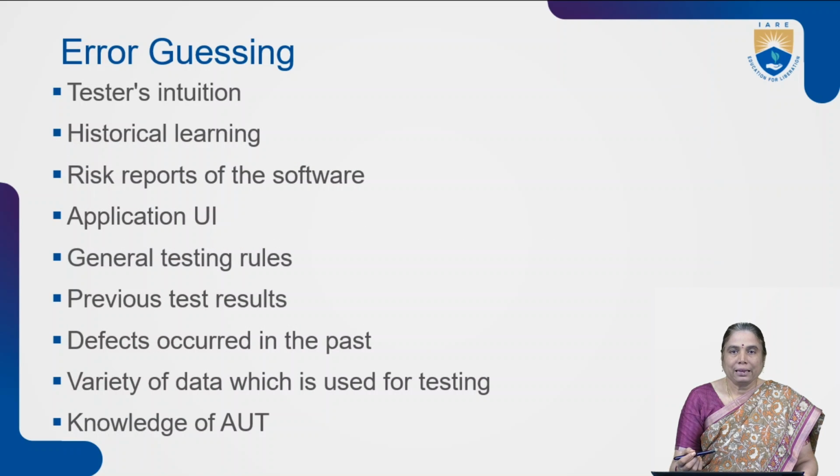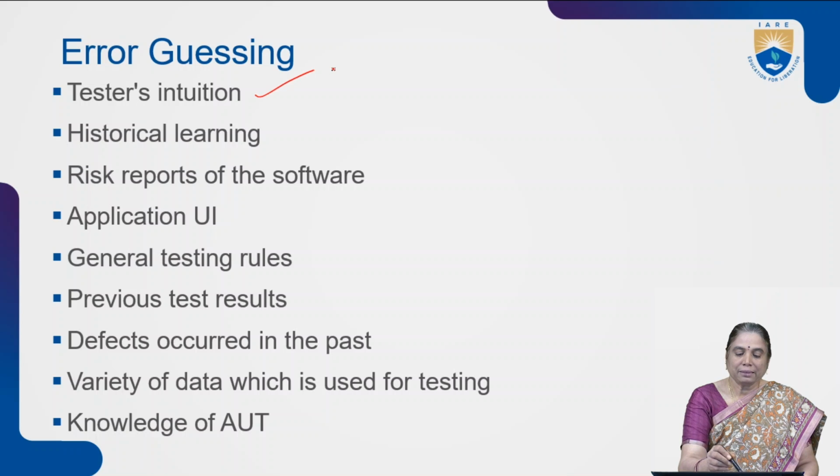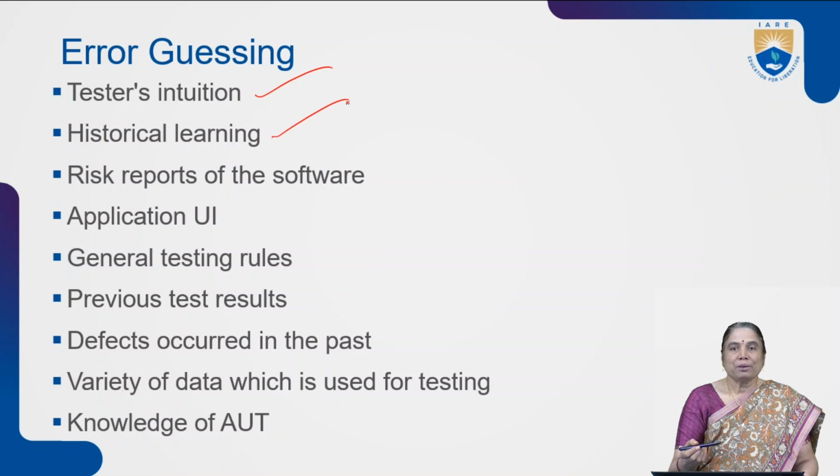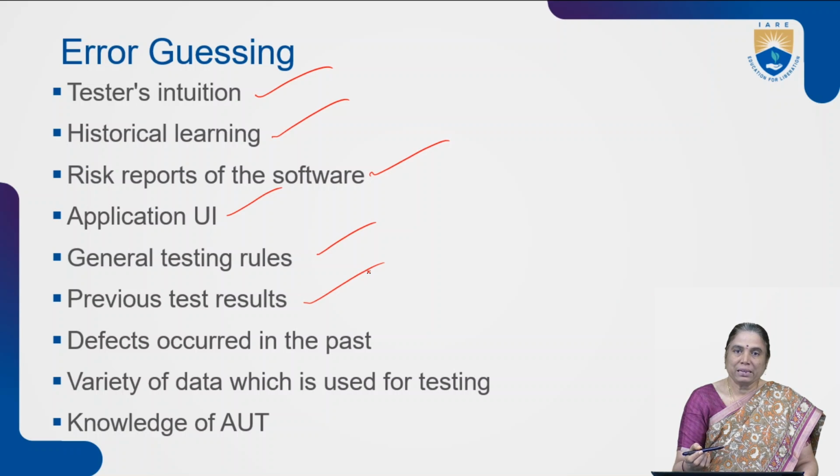So here in error guessing, the tester's intuition or experience is considered. Historical learnings are more important. Risk reports of the software are a major base for the testing. Application user interfaces are considered. General testing rules and previous test results are the basis for test case design.